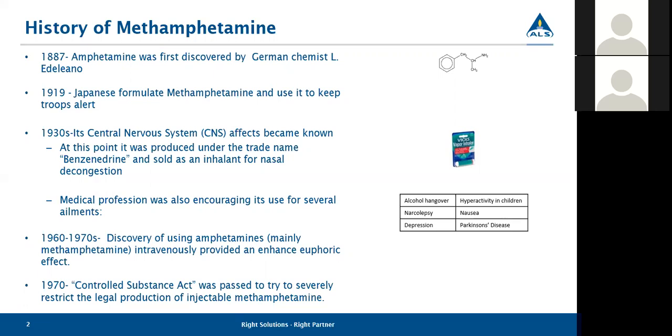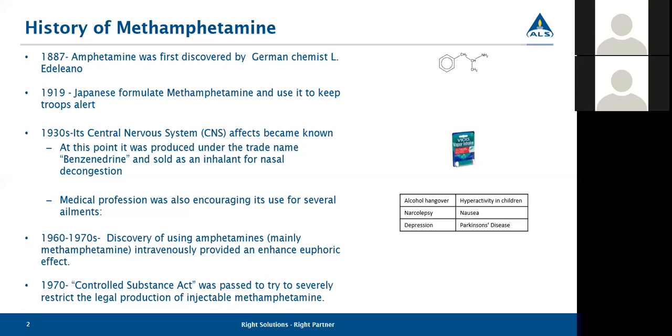It was in the 1930s that the central nervous system effects came into focus for users of meth and its precursors. Nasal decongestants were developed and used during this time, and medical professionals were encouraging use for several ailments, such as depression, hyperactivity in children, and Parkinson's disease, just to name a few.